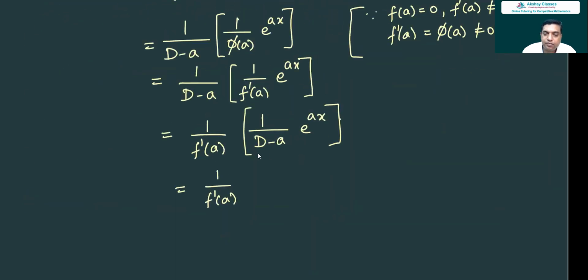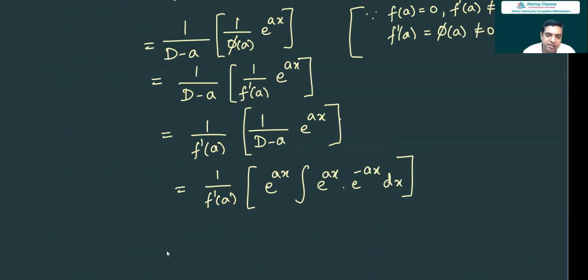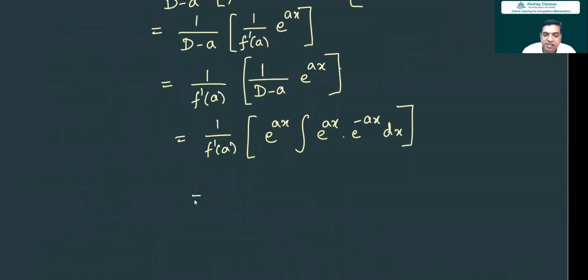So we get this as e power ax into integral of x is e power ax times e power minus ax dx. So this cancels out, integral of 1 dx becomes x. So we get x into e power ax by f dash a. This becomes our particular integral.